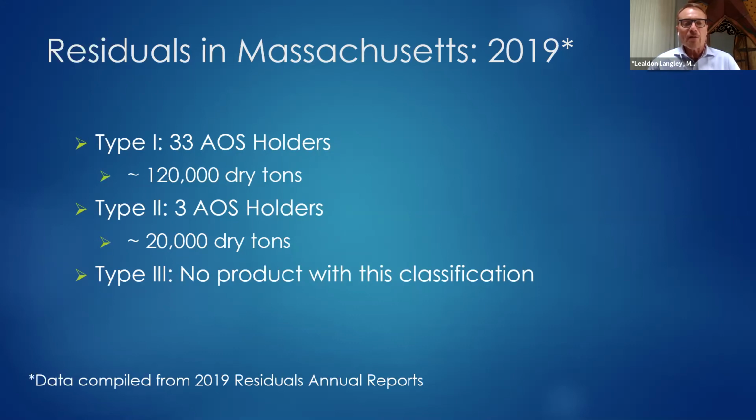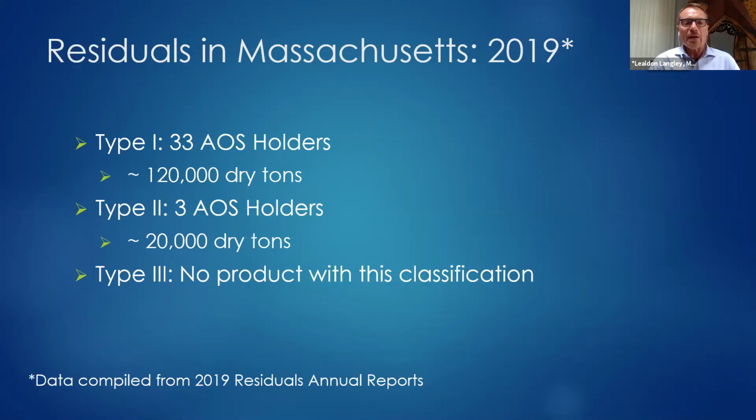The 2018 survey was conducted for sludge producers in Massachusetts, and so that total tonnage, which was 180,800 dry tons, was the amount of sludge being produced by those 122 sludge producers in Massachusetts.